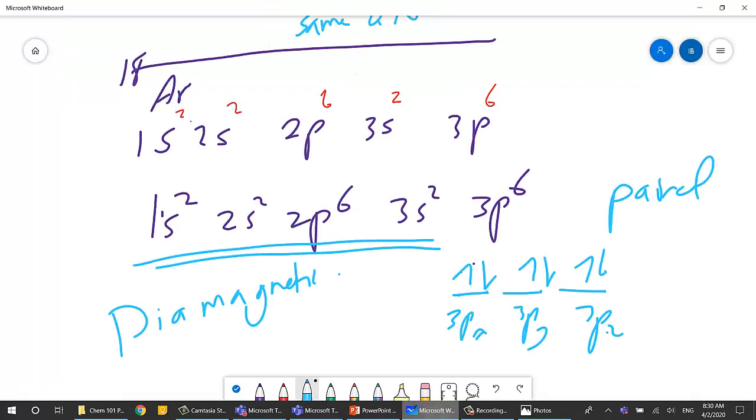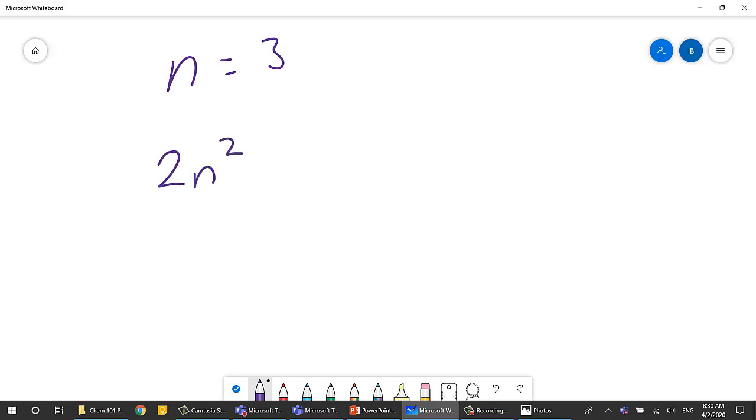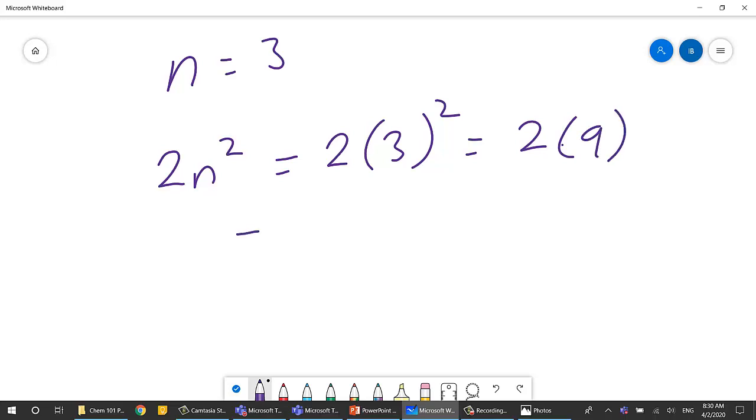So n equals 3, that means we can use the 2n squared rule, which is 2 times 3 squared. 3 squared is 9, that means you have 18 electrons. You can put 18 electrons in n equals 3.